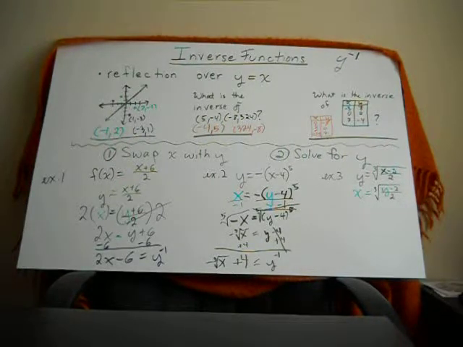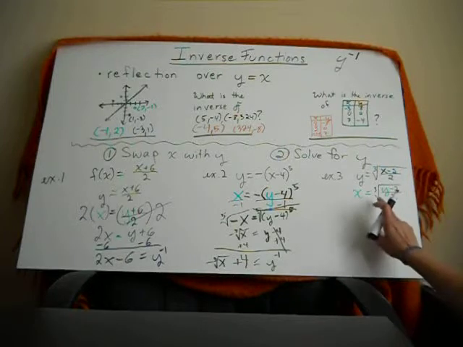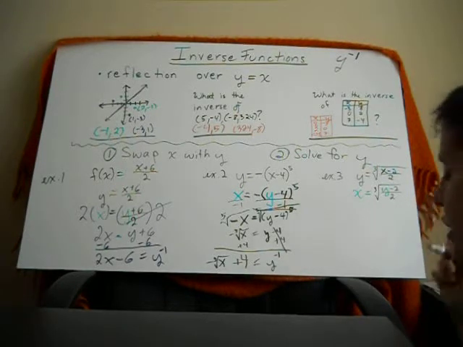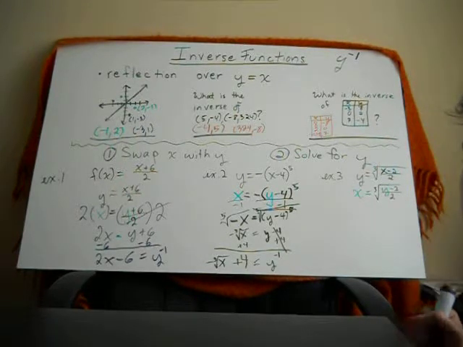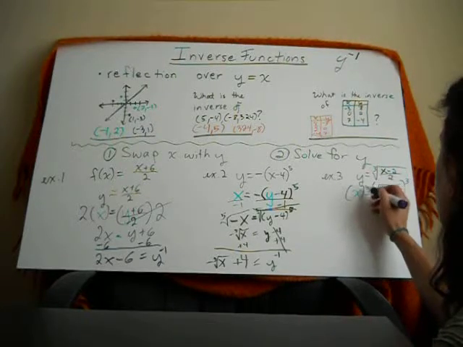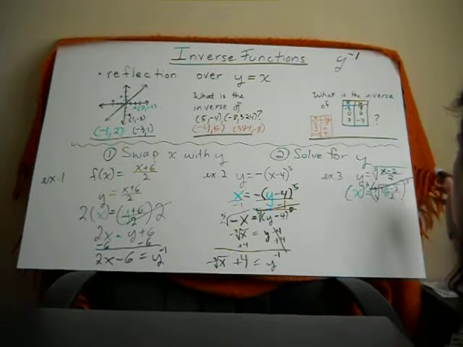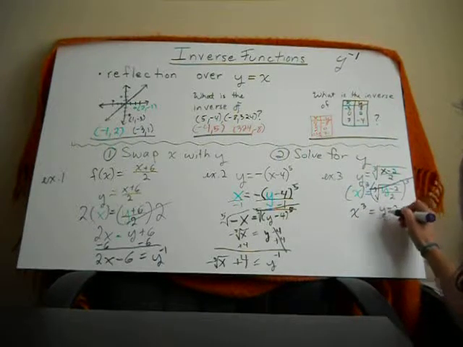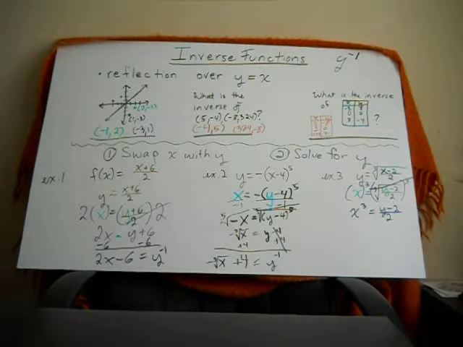Now in this one, I want to get rid of a radical first. So instead of depowering, I want to power both sides to get rid of the radical. So I'm going to raise both sides to the 3rd power. And those cancel each other out. So I've got x cubed is equal to y minus 2 over 2.